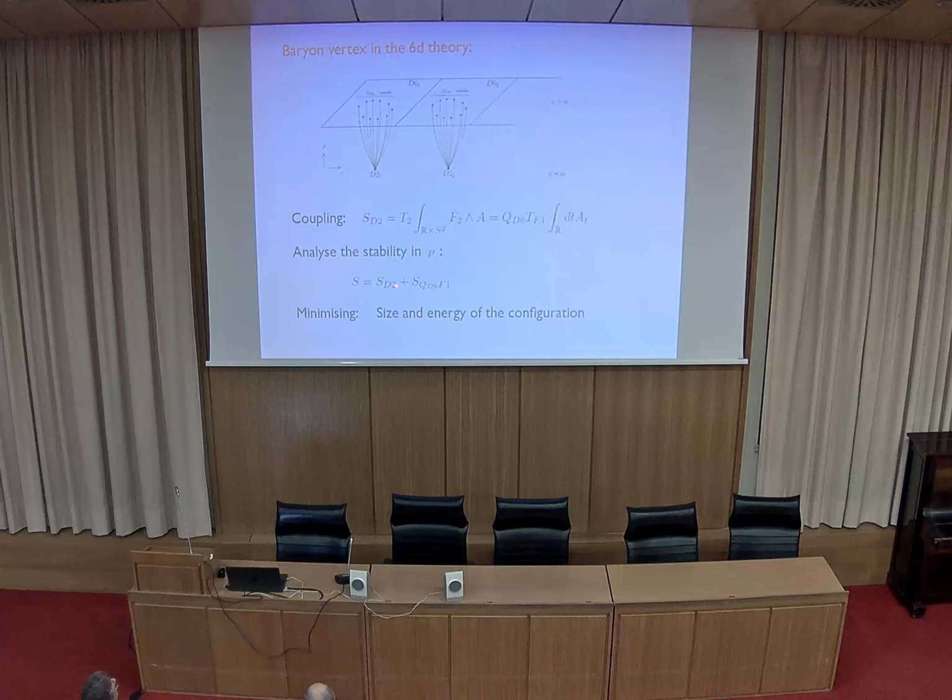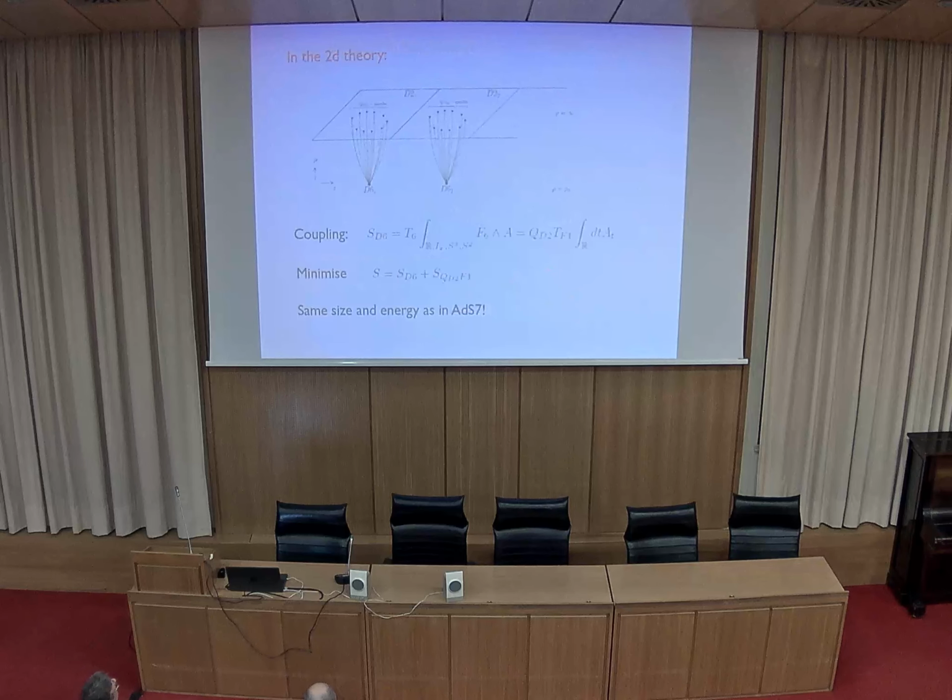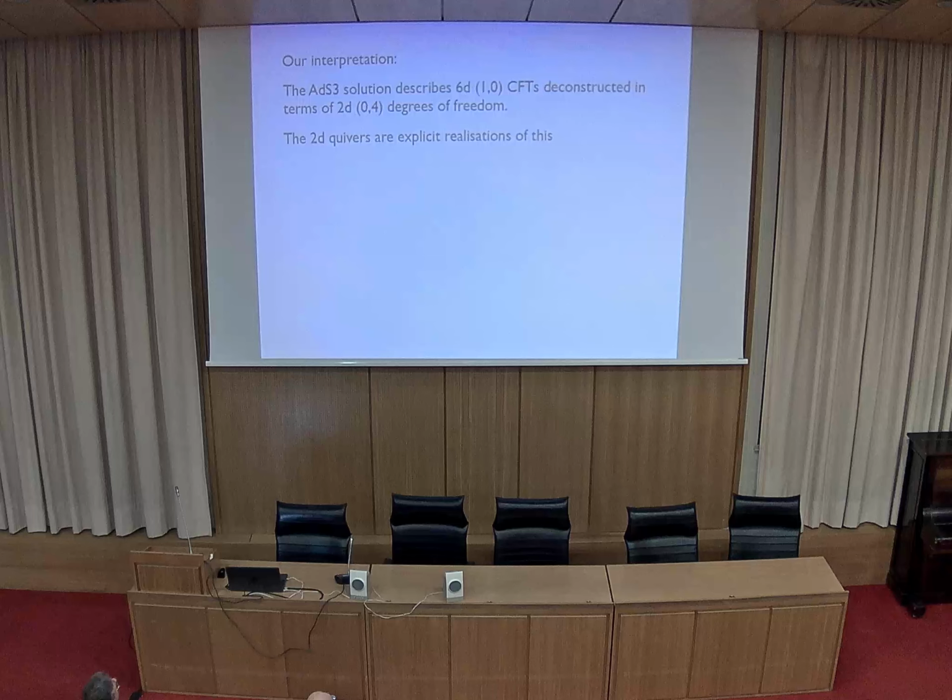Well, you minimize, you compute the size and the configuration, and it turns out that when you do the same for the 2D theory, where the color branes are D2 branes and the vertices are D6 branes, you find exactly the same size and energy through some kind of miraculous cancellation in the calculation. This was quite surprising to see.